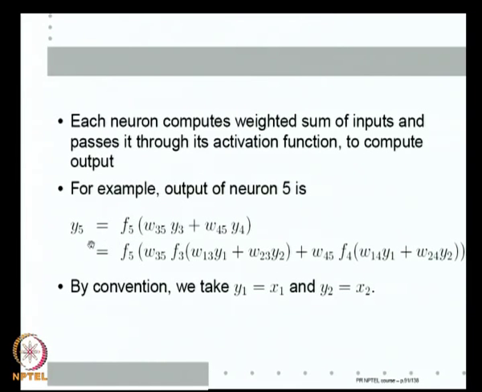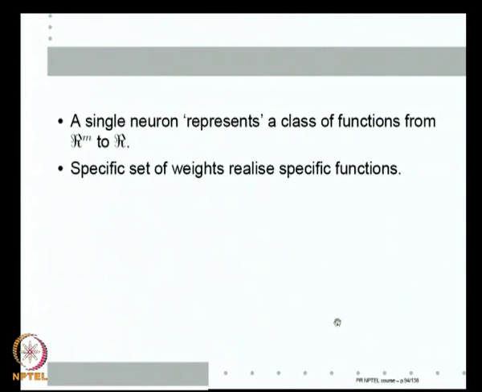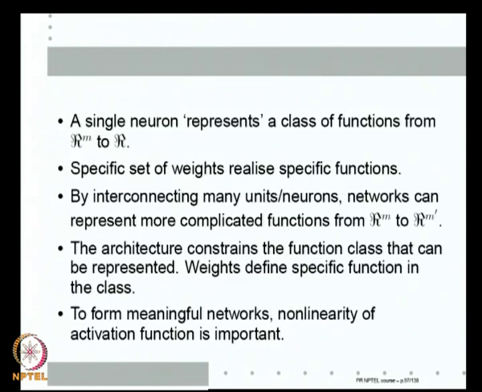So, essentially it represents no more than what a perceptron can. Even if f5 is non-linear, if f3 and f4 are linear, what is inside here is simply a linear function of x1, x2 and the weights. So, essentially its representation capabilities are no different from what a single neuron can represent. So, nonlinearity of the activation function is very important.